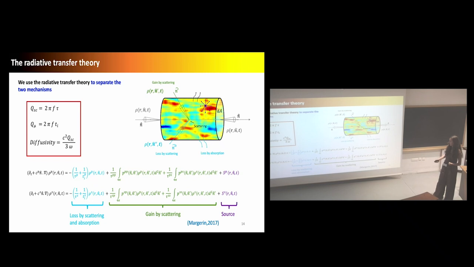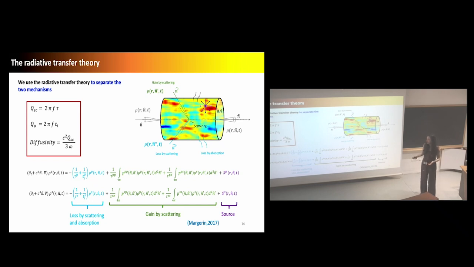You have here a term that is directly related to the gain by scattering, and also the term of the source. So what we do in our inversion is that we actually invert times, and then we use this equation to talk about quality factor of scattering, absorption, and also I will show you some results with the diffusivity.